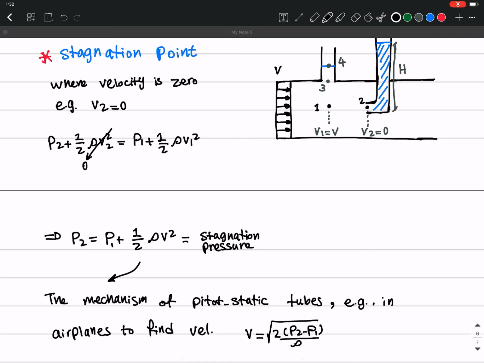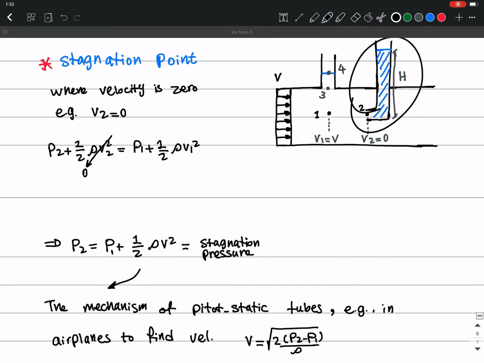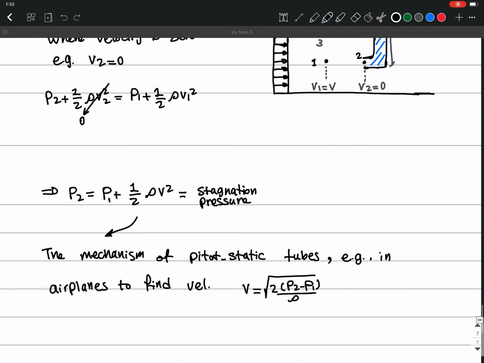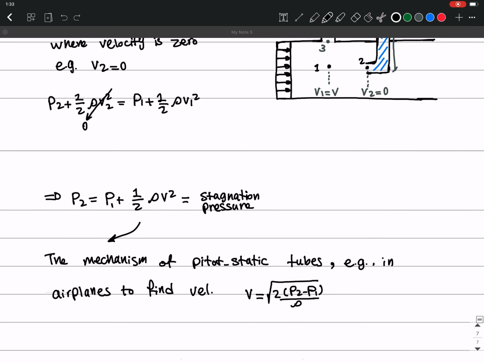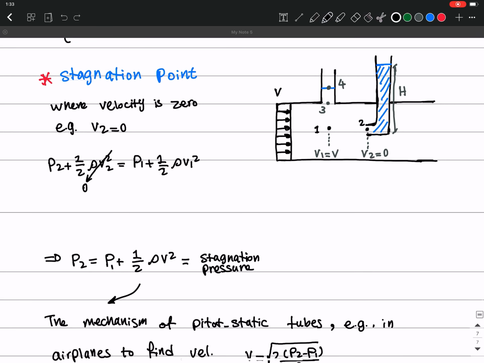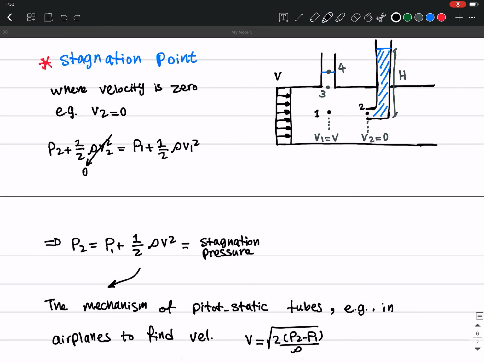And so you can find P2. If you get the P2 from this elevation, then you can calculate the velocity of airplanes using this formula. Okay, so these Pitot tubes are used in airplanes, and they use the same mechanism as here to calculate the velocity of airplanes. And so this stagnation point has very important implications.